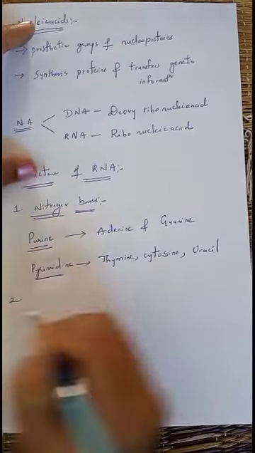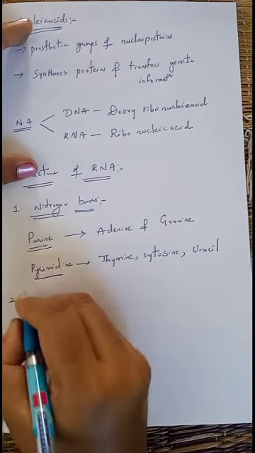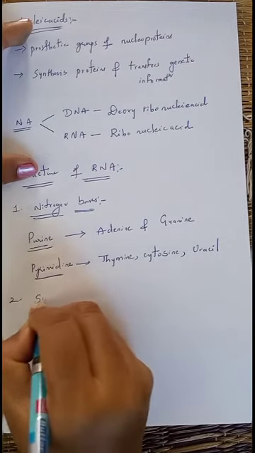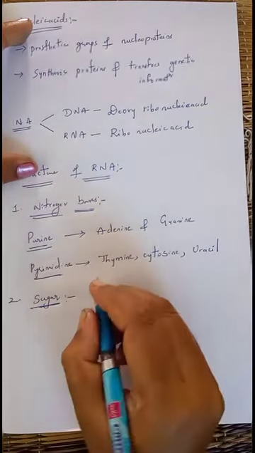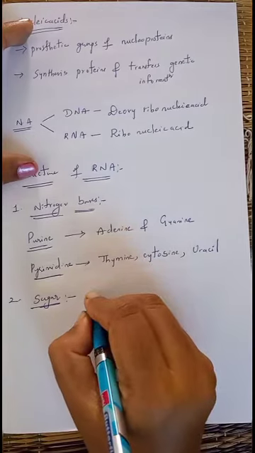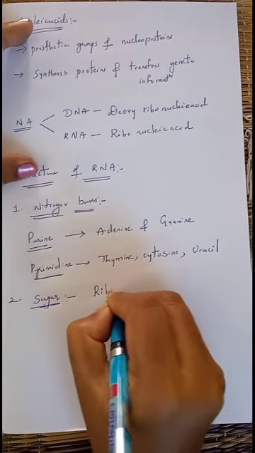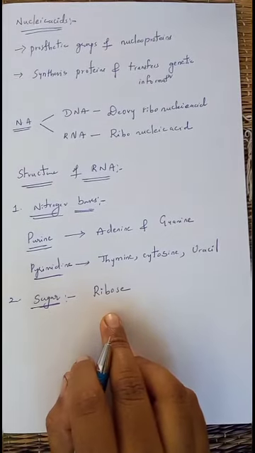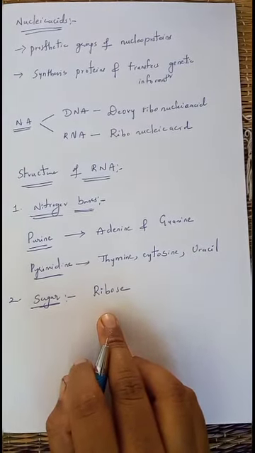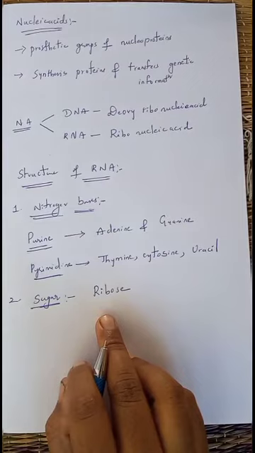And the second constituent present in nucleic acid RNA is sugar. The sugar moiety present in this is ribose sugar. Ribose is the sugar which is present in RNA, deoxyribose is the sugar which is present in DNA.